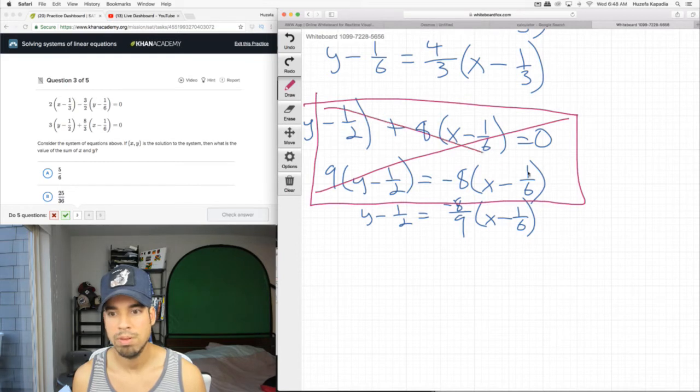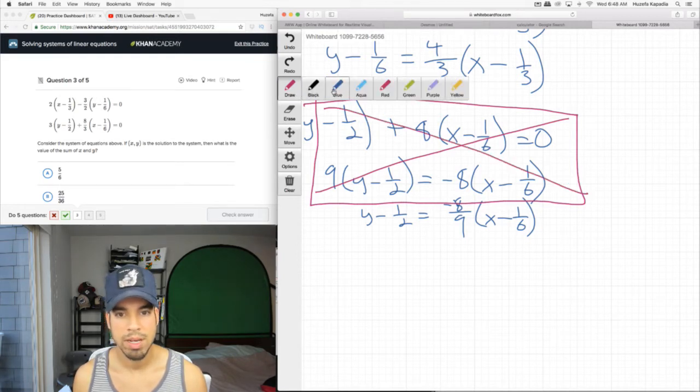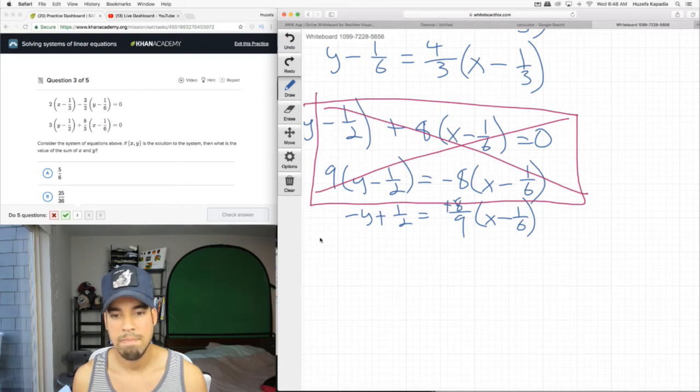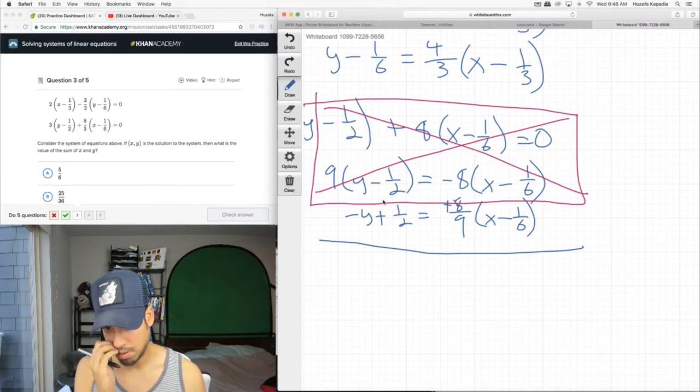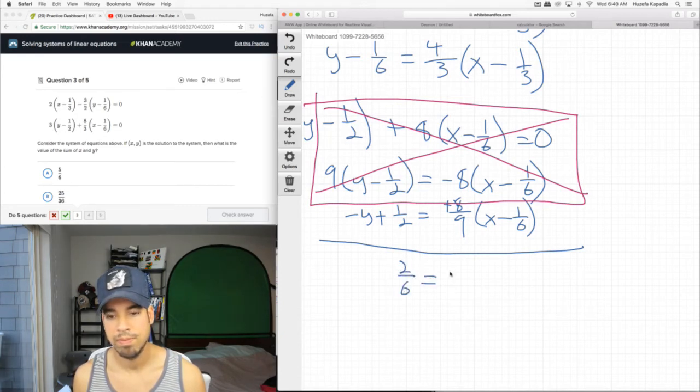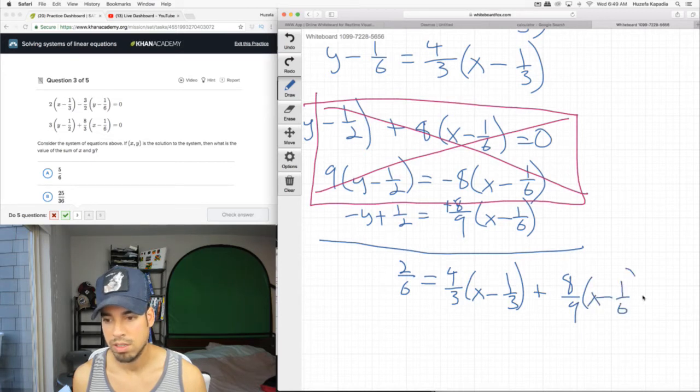I'm just going to multiply this bottom equation by -1, so I'm going to make this negative, positive, positive. And then I'm going to combine it with my top equation. I'm just going to add them up. The y's cancel out. -1/6 plus, I'll just make this 3/6, equals 2/6 equals 4/3 times (x minus 1/3) plus 8/9 times (x minus 1/6).